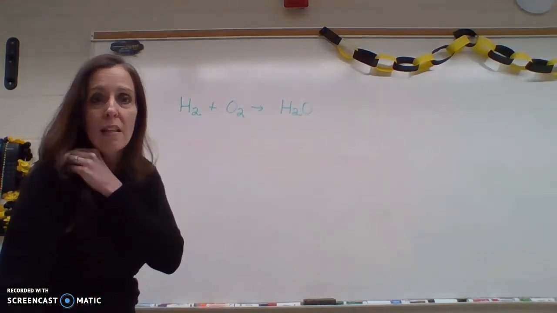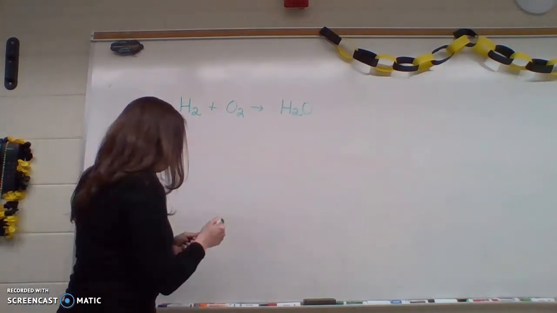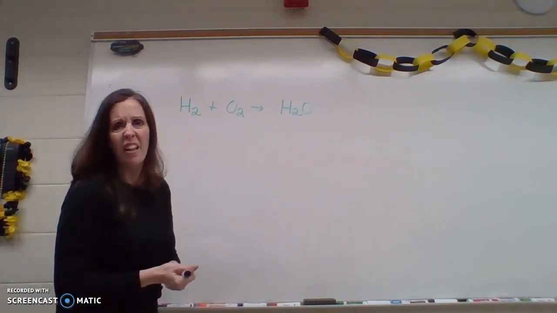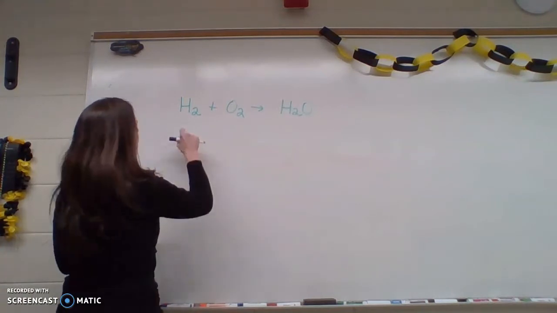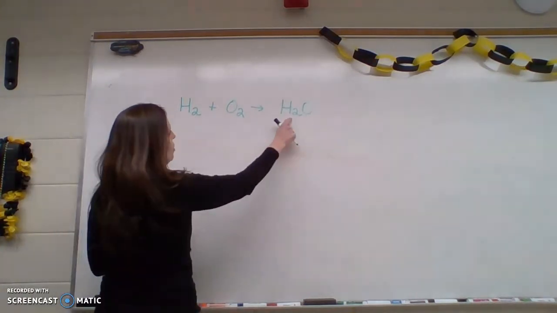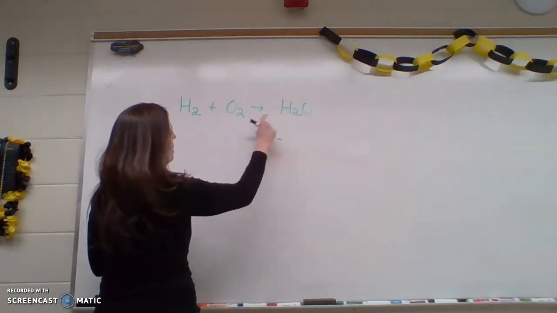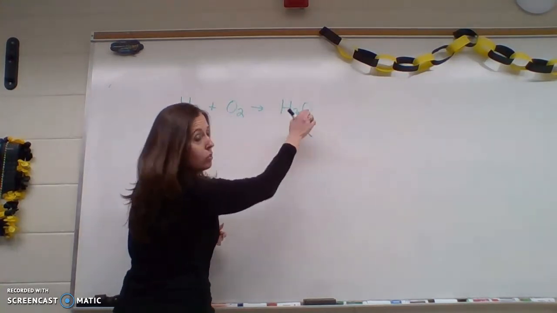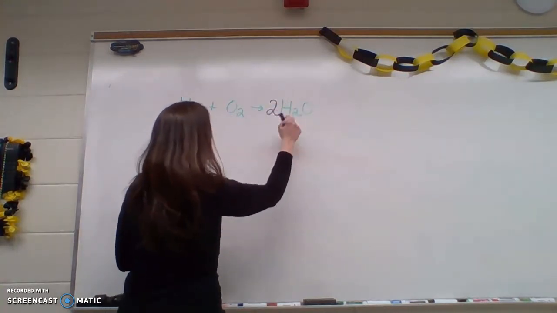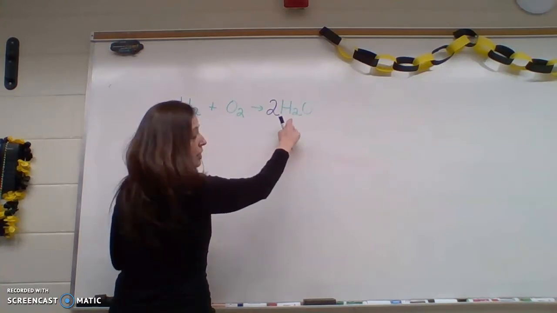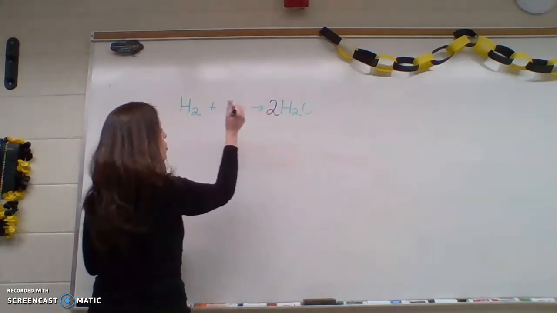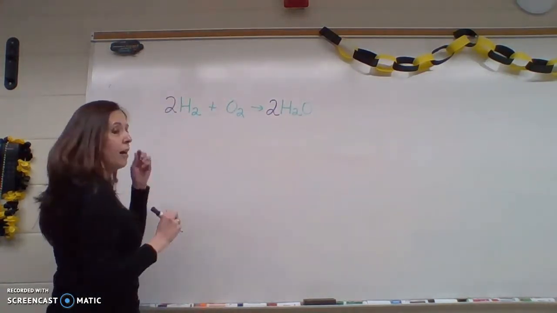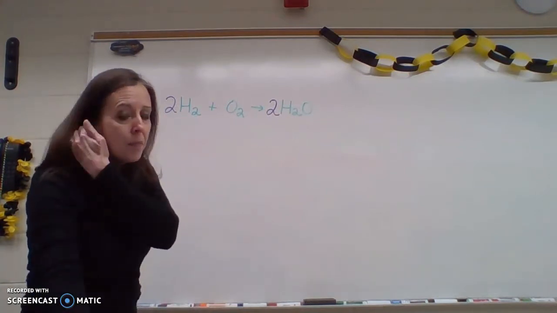As soon as I see the equation, I immediately think to myself, I'm going to balance that. 2 hydrogens, 2 oxygens, 1 oxygen. So I have to put a 2 there. When I put that 2 there, I now have 4 hydrogens there. Got to have 4 hydrogens there.